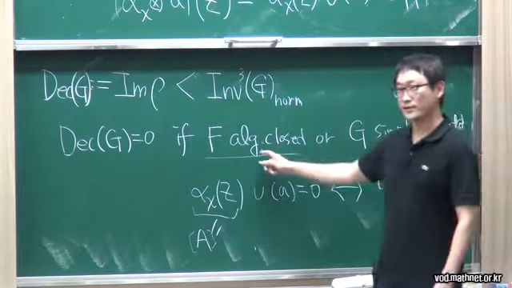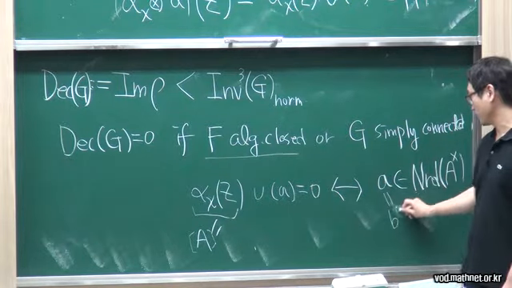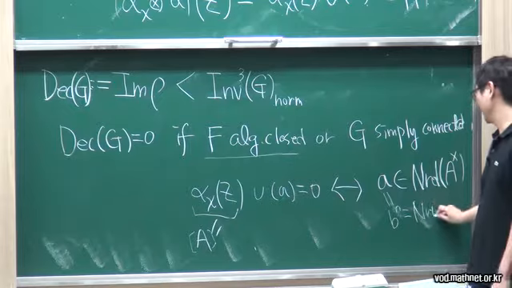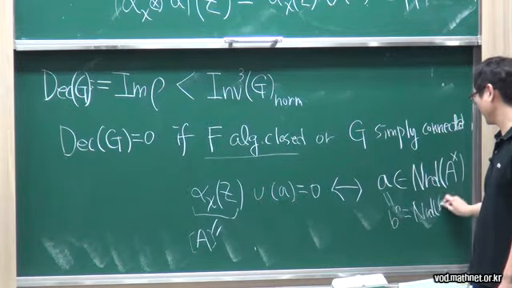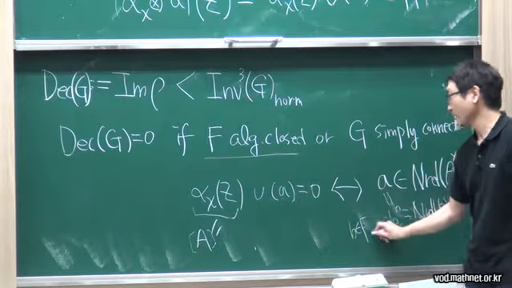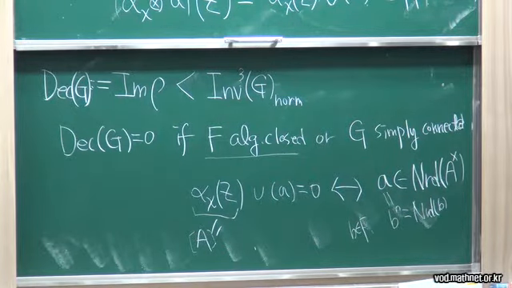And since F is an algebraically closed field, one can find such B. So if you assume base field is algebraically closed, then there is no decomposable invariance.